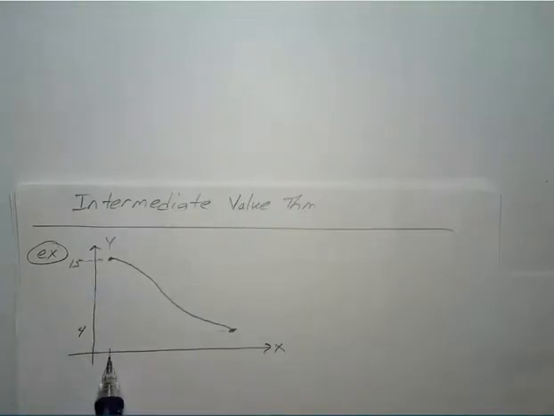This value here for x is 1, and this value here is 5. Between 1 and 5, our interval, let's say there's some value that we will call c.